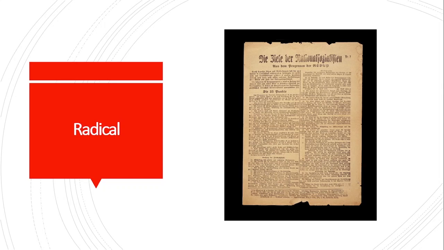For example, Hitler came to believe in the Führer principle, or Führerprinzip, that Germany should be ruled by a strong leader who knew his mind and would act ruthlessly. This is radical, but it's not totally removed from the way the Kaiser had wanted to rule.